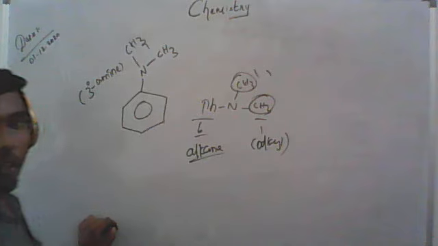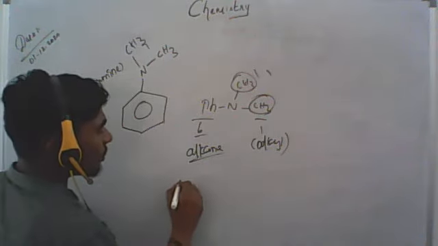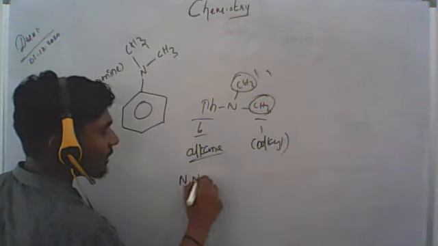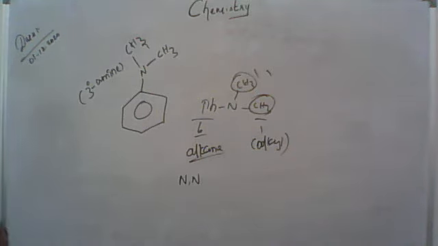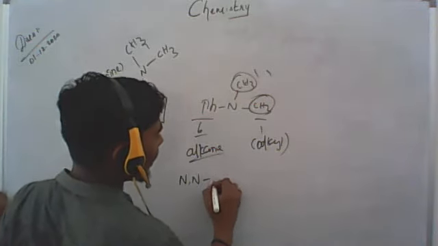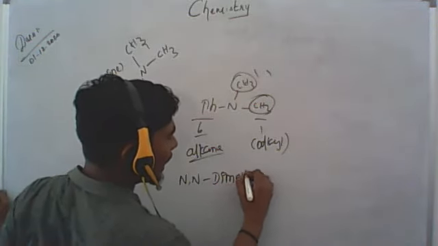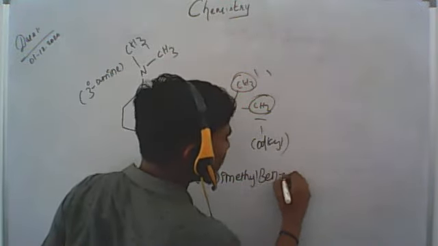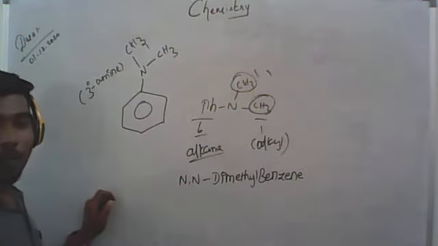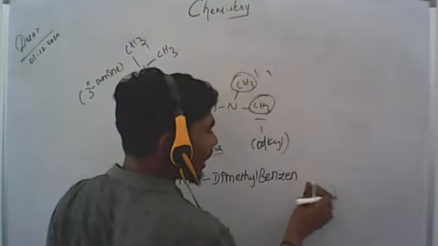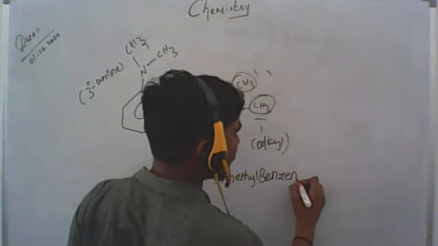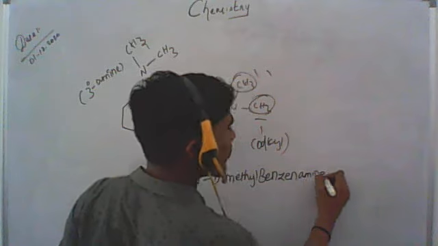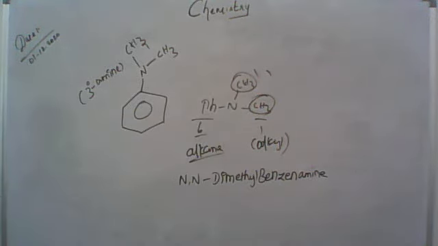So N,N-dimethyl benzene. What is the functional group? Amine is the functional group, so remove the N and add amine: N,N-dimethyl benzenamine. So this is the IUPAC naming for amines, the basic unit for amines.